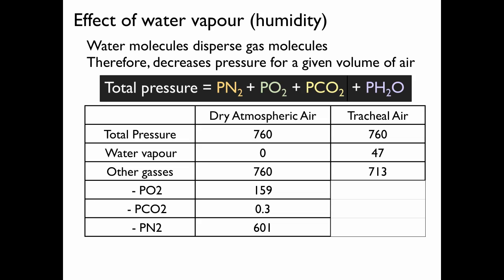So the leftover total pressure for the three other gases is now 713. Each of them will have a lower partial pressure. For example, the partial pressure of oxygen in the trachea is 149 millimeters of mercury, less than it is at the mouth.